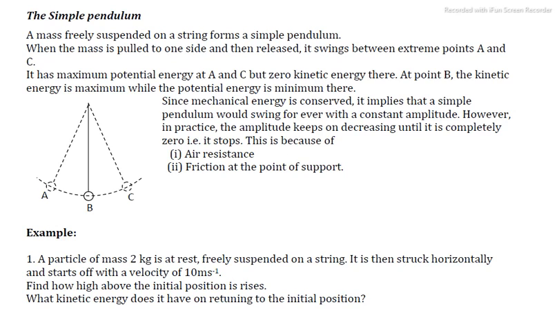It is because of two reasons. One, it is air resistance and friction. So the energy is lost in trying to counter the air resistance and the friction at the point of support.